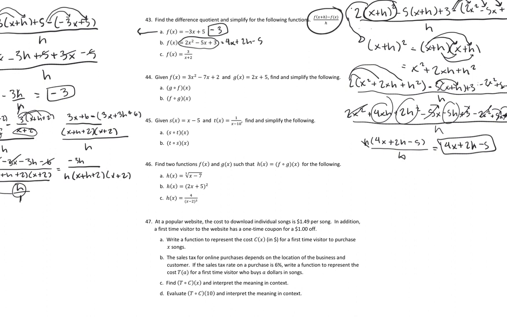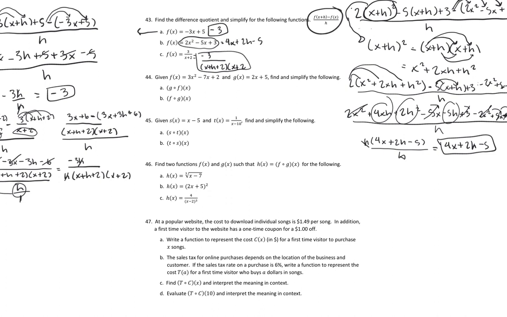And so then we see that h is canceled. And so then we're just left with negative 3 over x plus h plus 2 times x plus 2. And so I'm going to write that up here. That's going to be our final answer, is negative 3 over x plus h plus 2 times x plus 2.